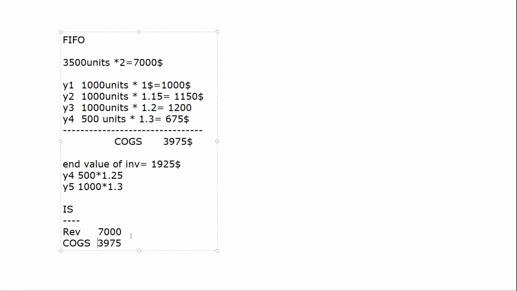And net income, somebody's writing, I will read the question, is equal to whatever is left in here. Net income is $3,025.